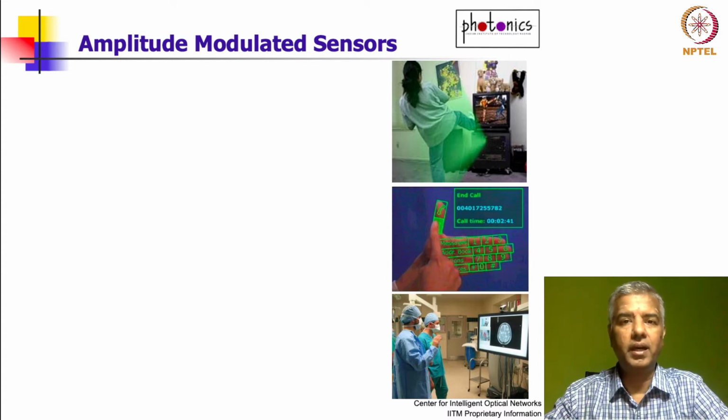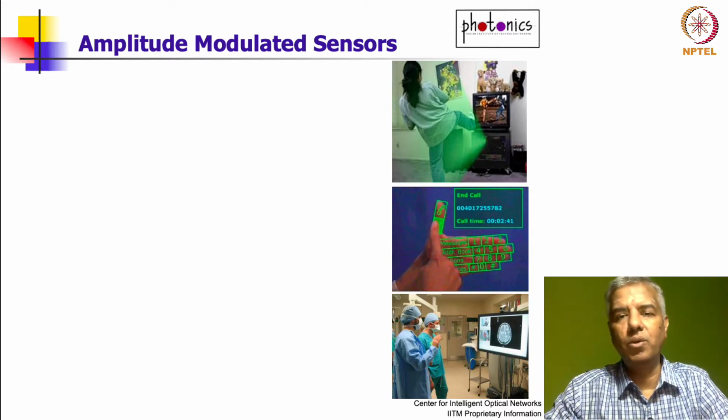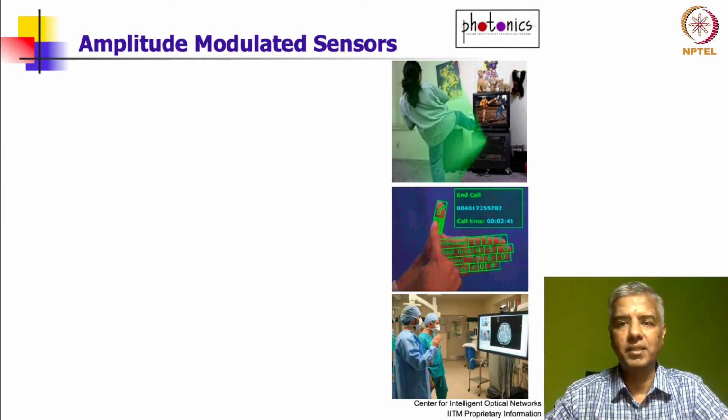Both are typically the same. Amplitude, you are referring to the electric field amplitude, but you know that the magnitude of the electric field amplitude, the square of that, is what intensity is. So you can even look at it as intensity modulated sensors.